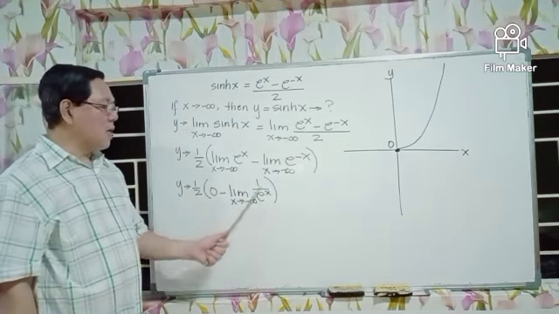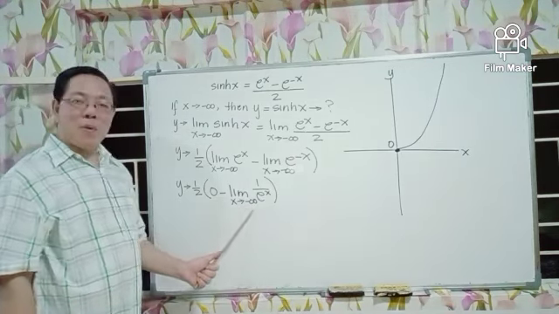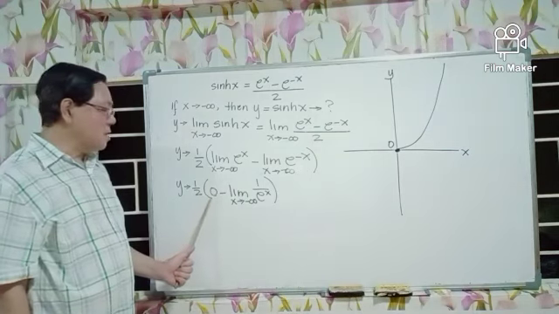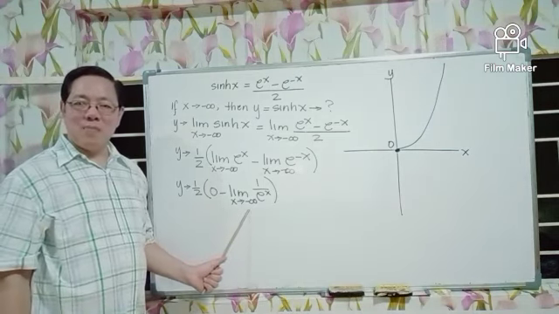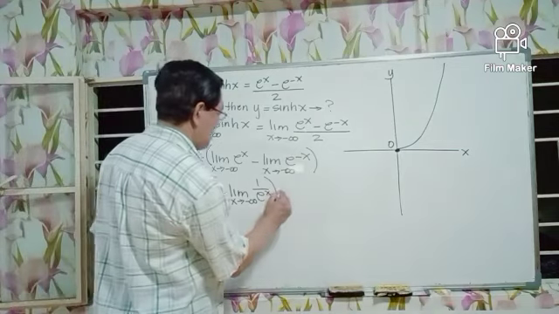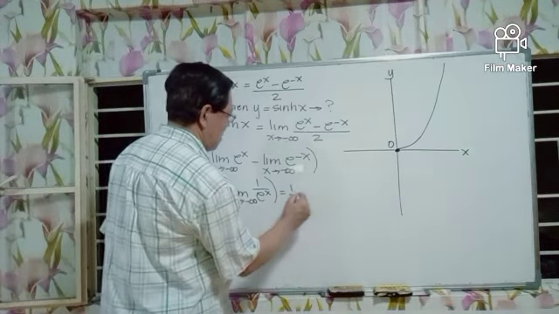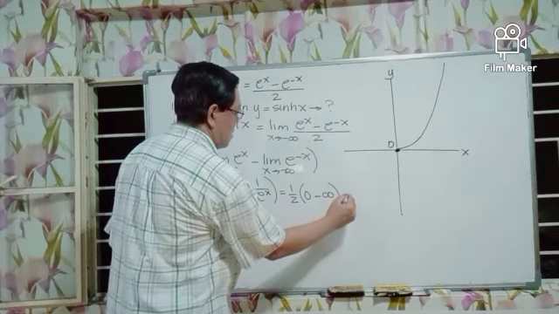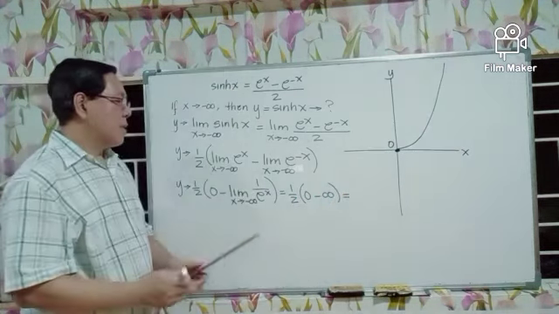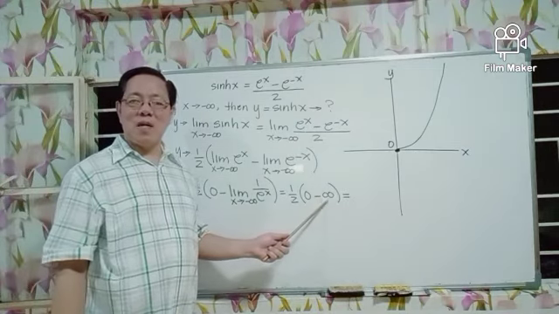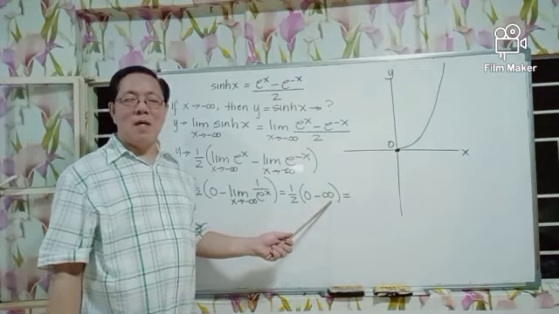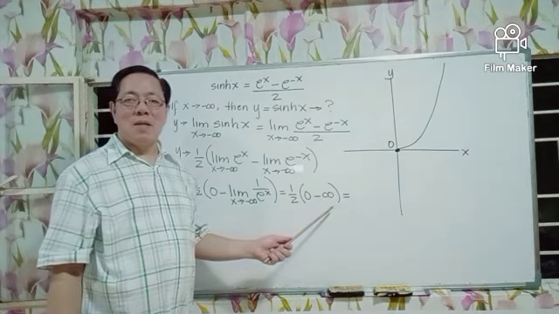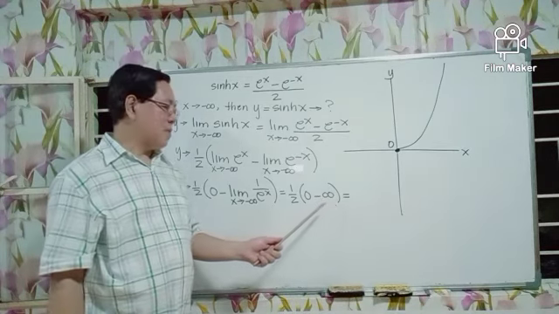Thus, the limit of 1 over e to the x as x approaches negative infinity is positive infinity. And this simplifies to 1/2 times quantity 0 minus infinity. And 0 minus a very, very large real number is still a negative, very, very large real number.